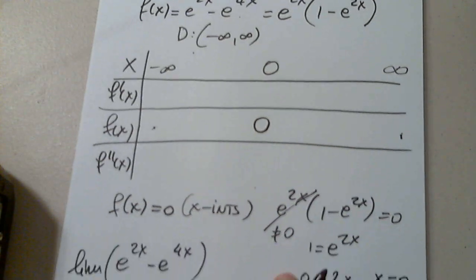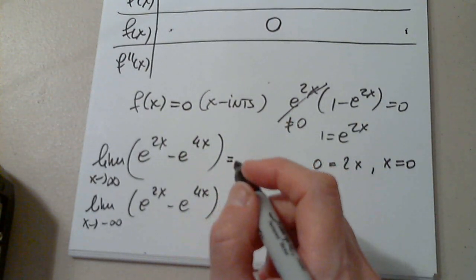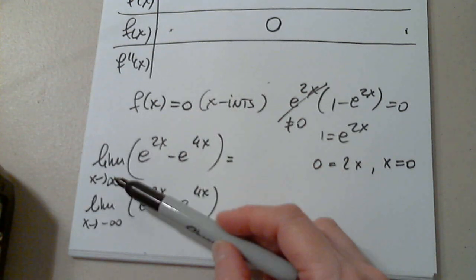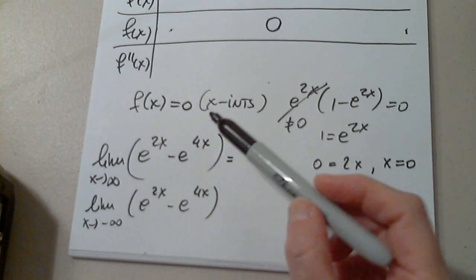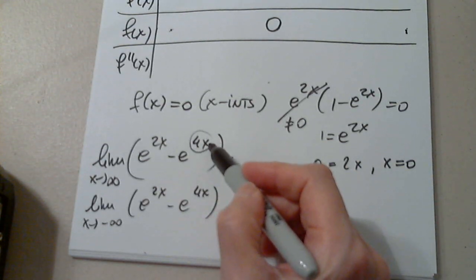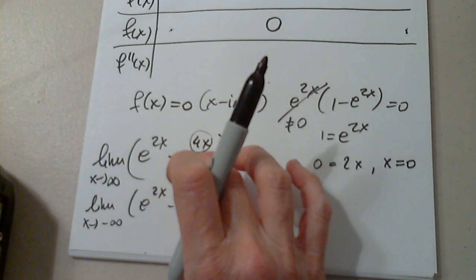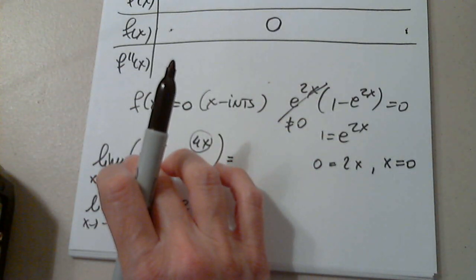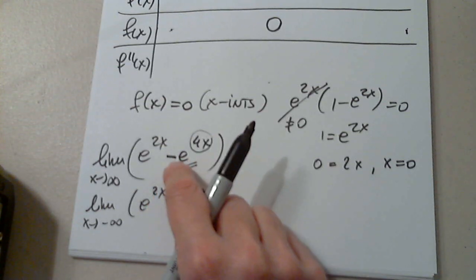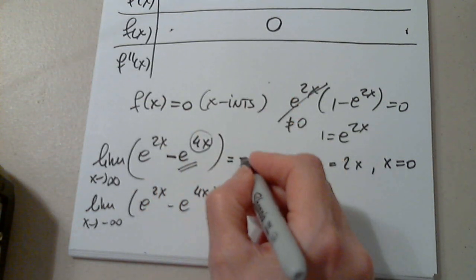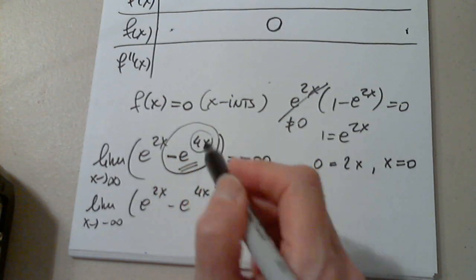So we are determining those right now. So at infinity, the bigger of the two powers is this. So this number will be larger than this one at infinity. Because it has negative sign in front, the answer will be negative infinity. Because this quantity is bigger.